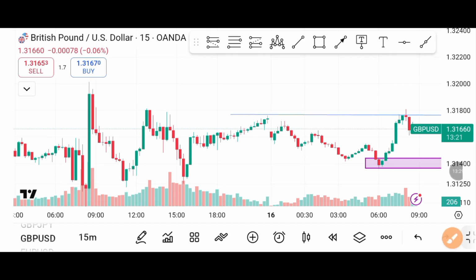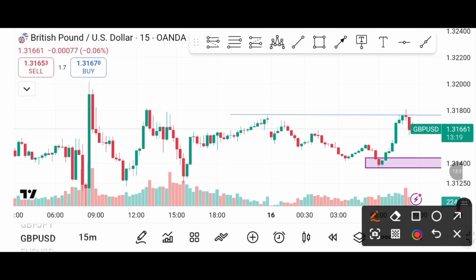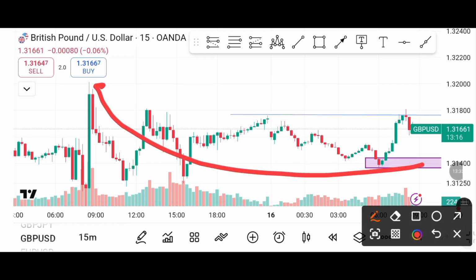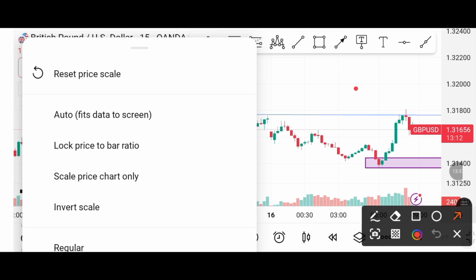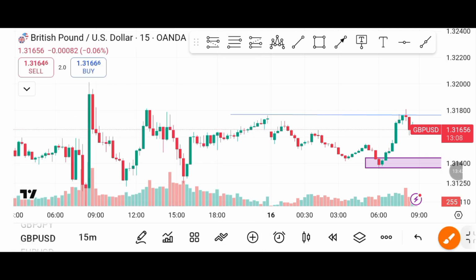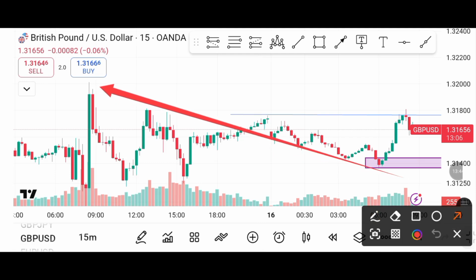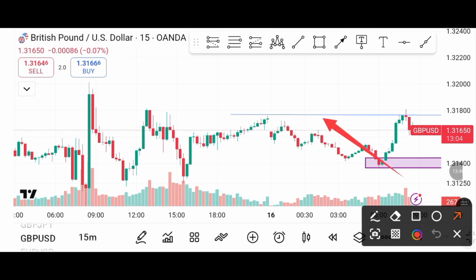Price can sweep all the way to this point of reversal. So I'm talking about this area. We have this break of structure, we have this order block, and this is the area I see price getting to.